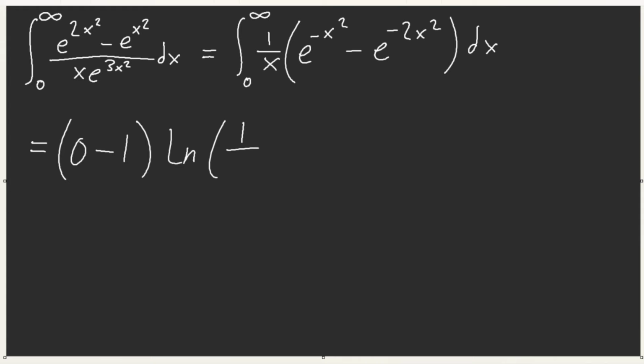Be very careful. That is not 2. If this is x squared and we have 2x squared, we need a coefficient by x, not x squared. So this 2x squared would be square root of 2 x. Okay? So our answer would be the square root of 2.